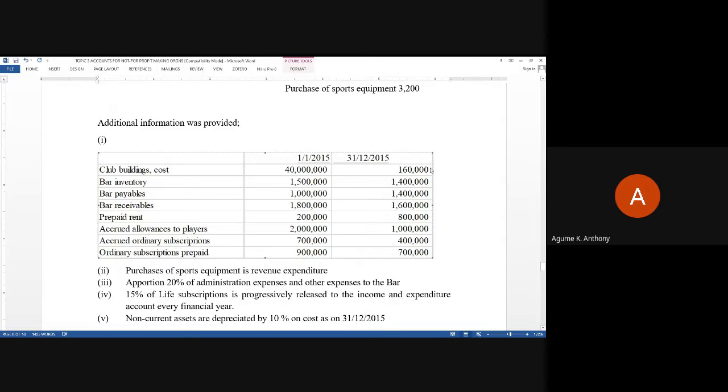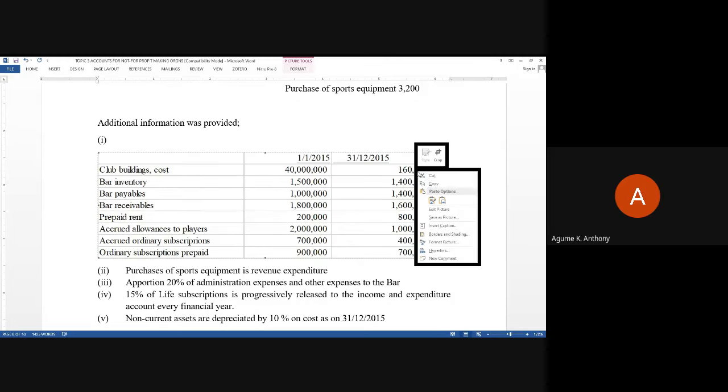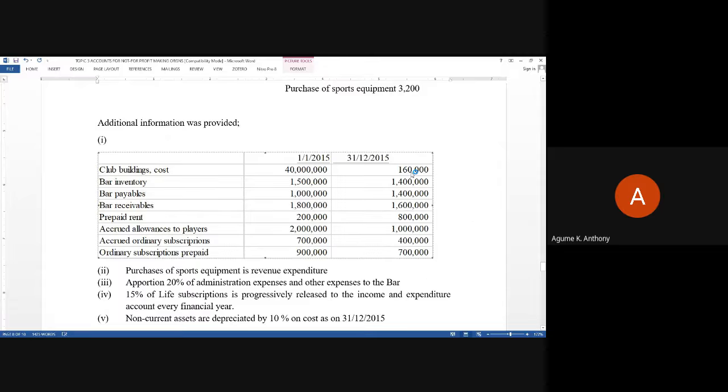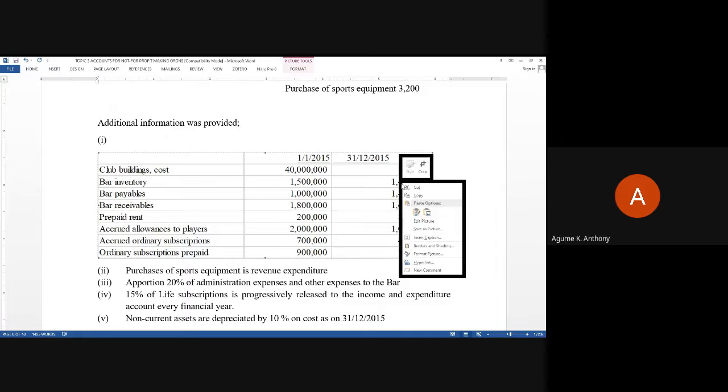So delete this 160. Then buy inventory at the beginning is 1.5, and at the end it is 2.5.